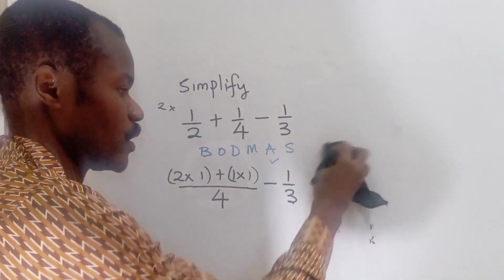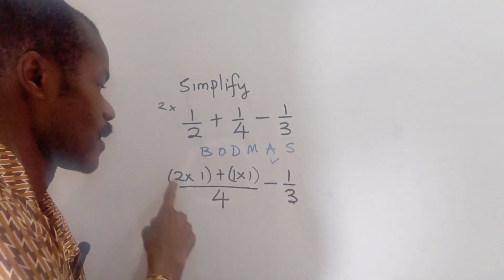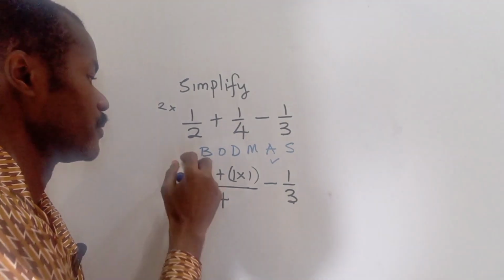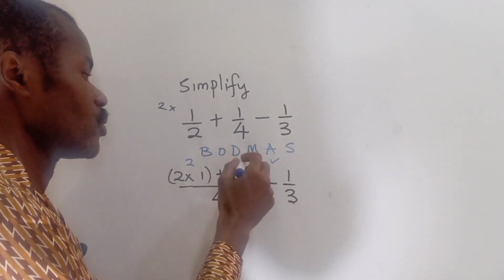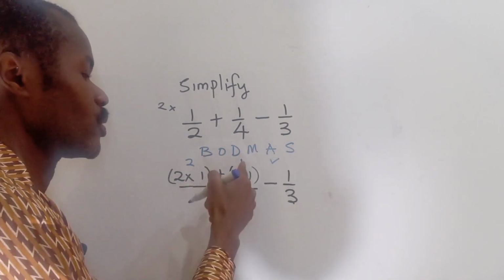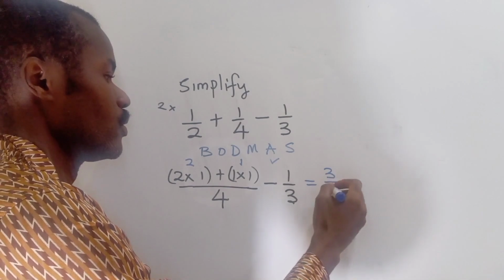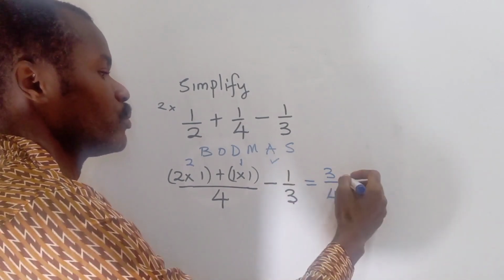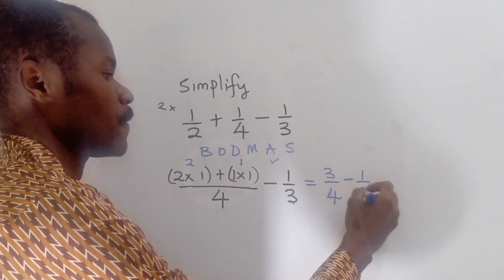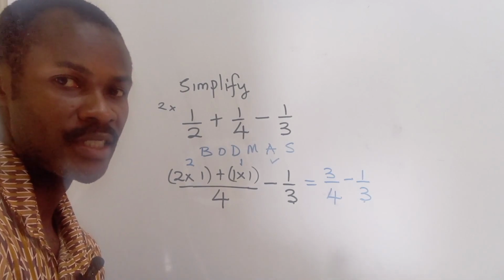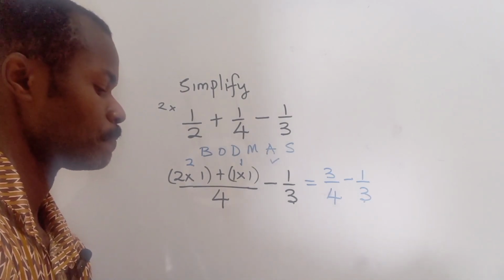So that is going to give us what? 2 times 1 is 2, so we have 2 here, and 1 times 1 is 1. So we have 2 plus 1, which is going to give us 3 over 4. Remember to bring this. So we are at this point. That is using the LCM method.